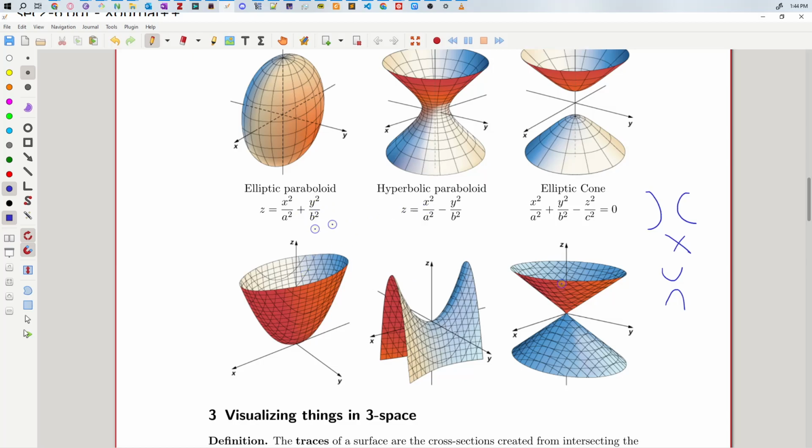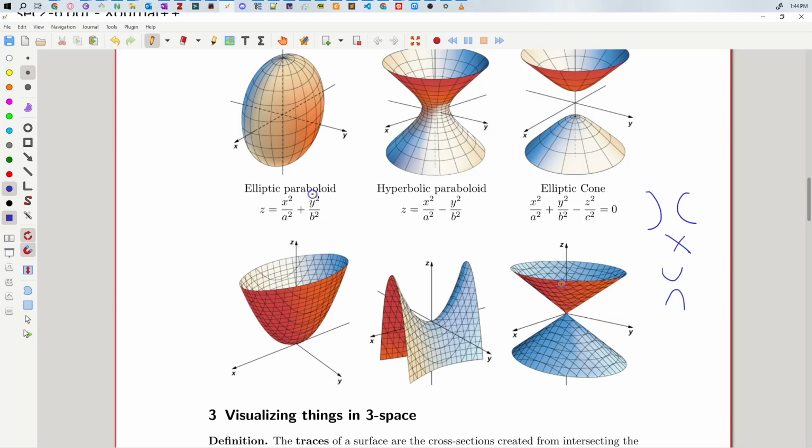And now these last two quadric surfaces are paraboloids, and their name comes from one of the traces that you can find. In this case, the trace that you get if you intersect with the xz plane is a parabola, but if you intersect with the xy plane, you get an ellipse.